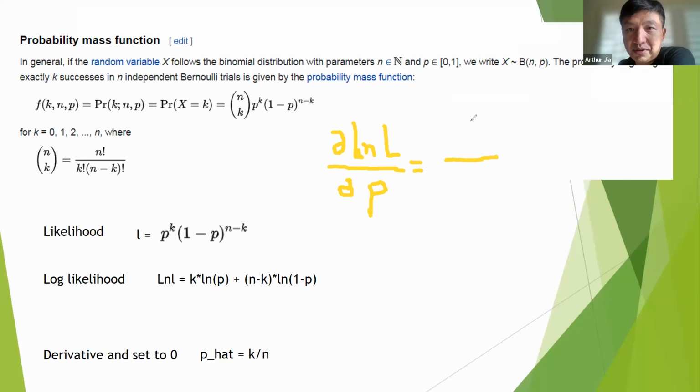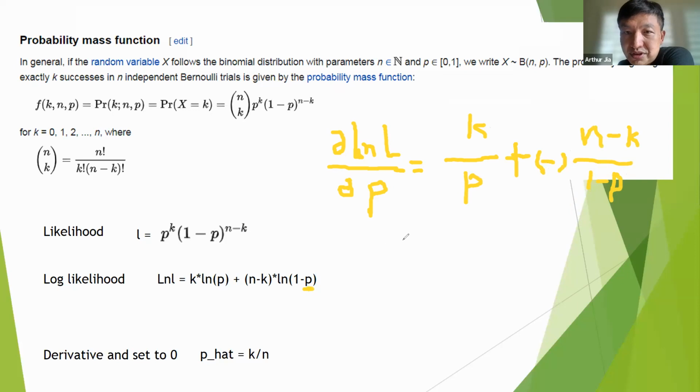It becomes K divided by p. But the second term, because this is a minus p, we put a minus here, multiplied by this. The numerator is N minus K, and the denominator is 1 minus p.